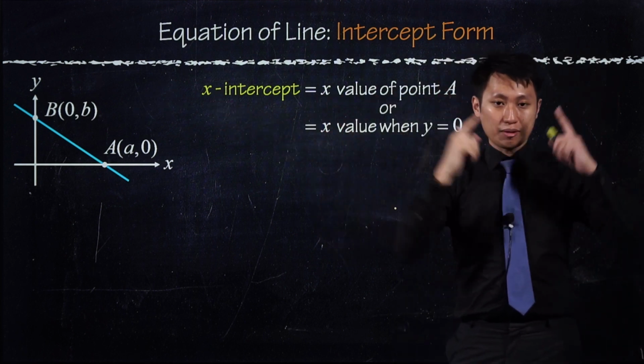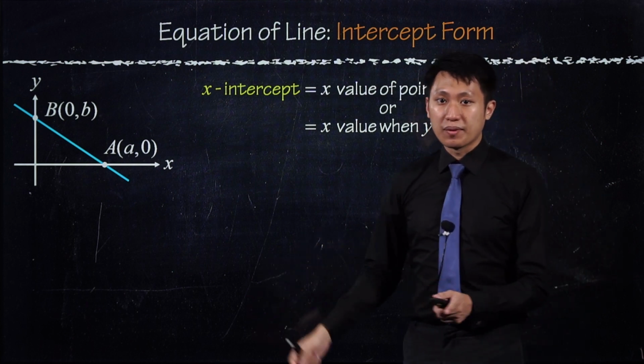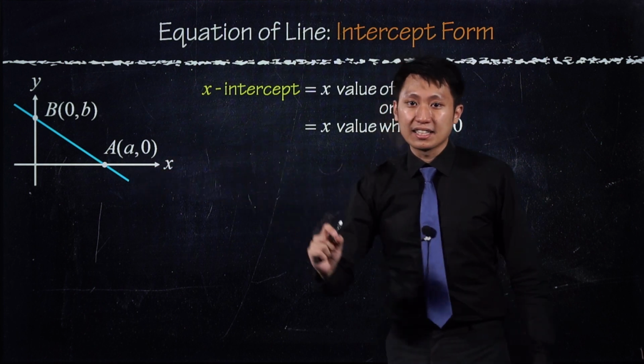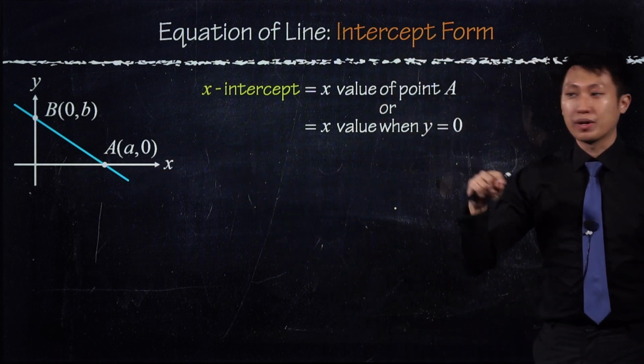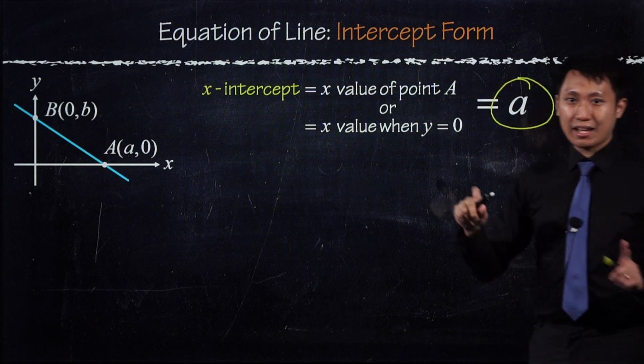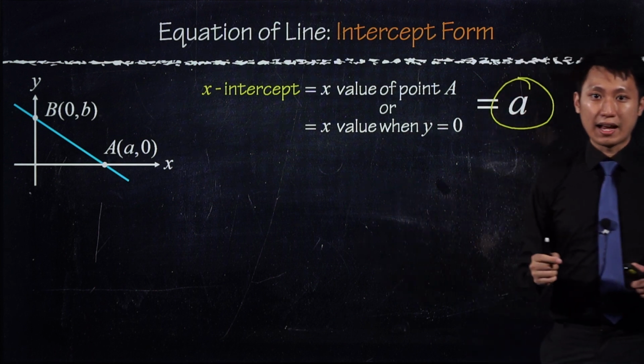Remember, when you talk about the x-intercept, y equals 0. When you talk about the y-intercept, x equals 0. So in this case, the x-intercept is just the value A, not A comma 0. It's just the value A.